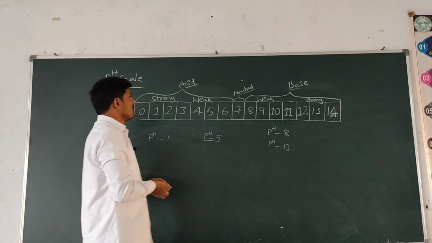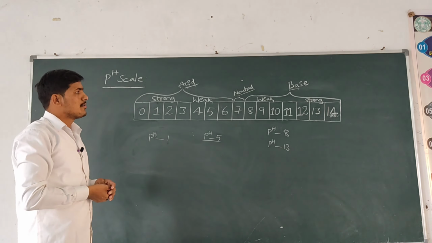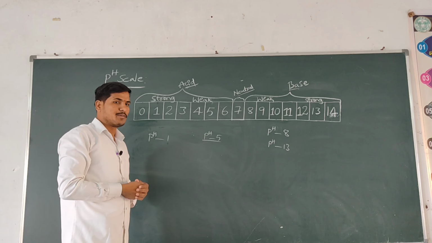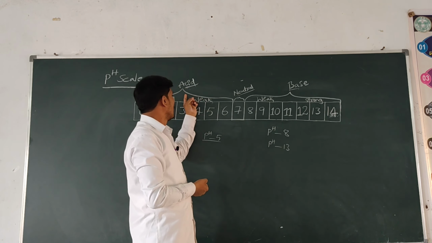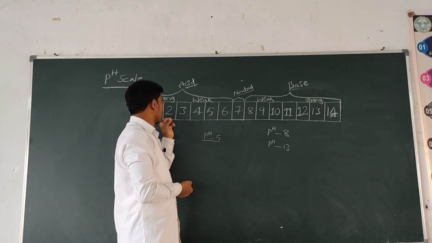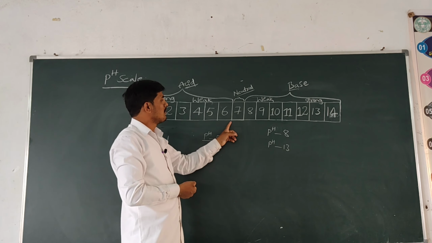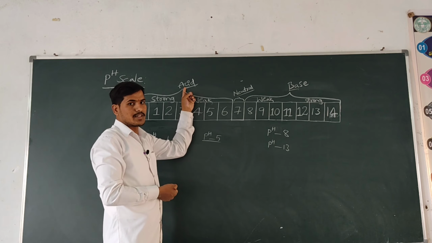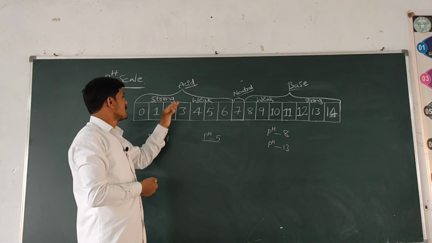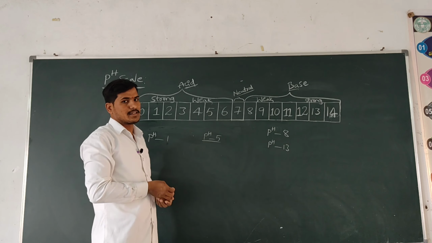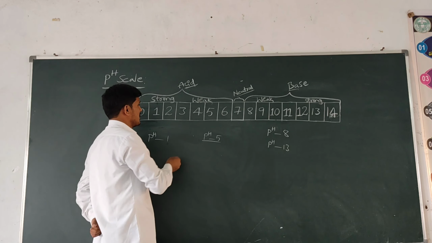Here, substances are classified into two types based on their pH value: acids and bases. When the pH value is from 0 to less than 7, they are called acids. Acids are again classified into two types, strong acids and weak acids.